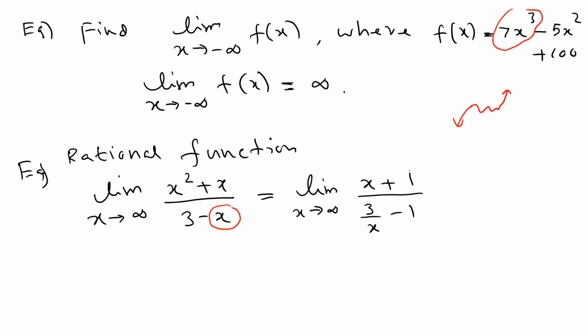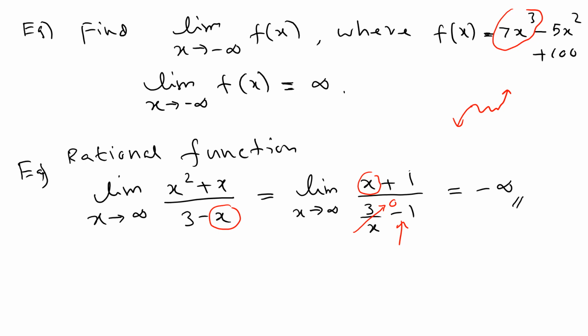When x goes to infinity, this term goes to 0, so the denominator gets closer and closer to negative 1. Because of this x term going to infinity, and because of the negative sign, this whole thing goes to negative infinity. That's the infinite limit of this one.